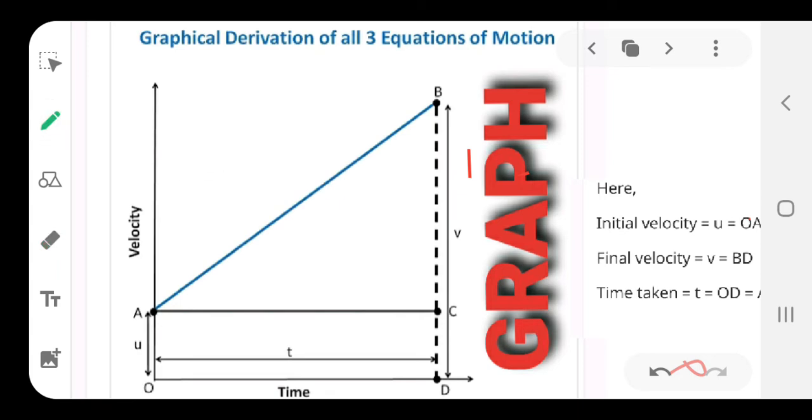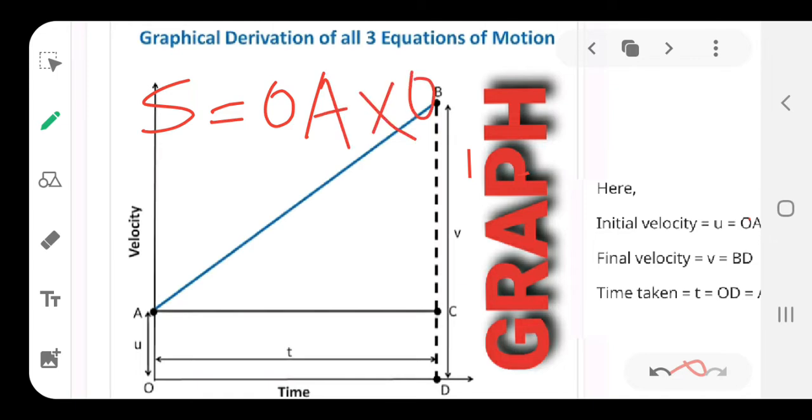So, the distance covered is given by the area of rectangle. What is the area of rectangle? Length into breadth. So, I can write OA into OC. Check it out properly. OA into OC, or from the diagram, OA and OD.